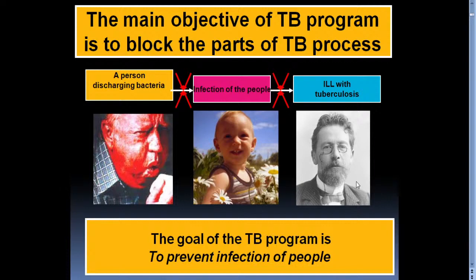A person discharging bacteria can infect many people, and these people can become ill with tuberculosis later. Therefore, the goal of the TB program is to prevent infection of people. We should stop this process.